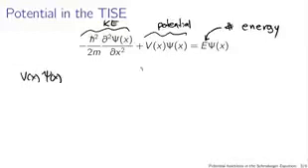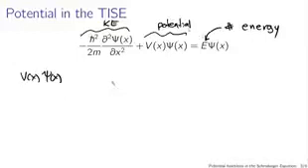What I'd like to do before we move on is to rearrange this a little bit to show you how the potential energy is related to the energy of the state, and what effect that has on the wave function. In order to do that, I'm going to multiply through by h bar squared over 2m and rearrange terms.